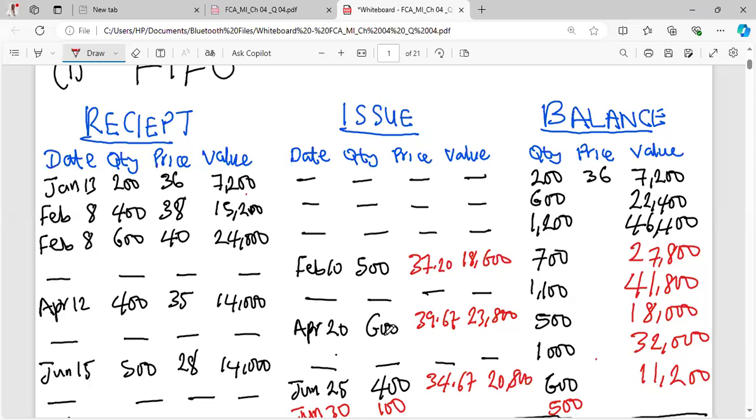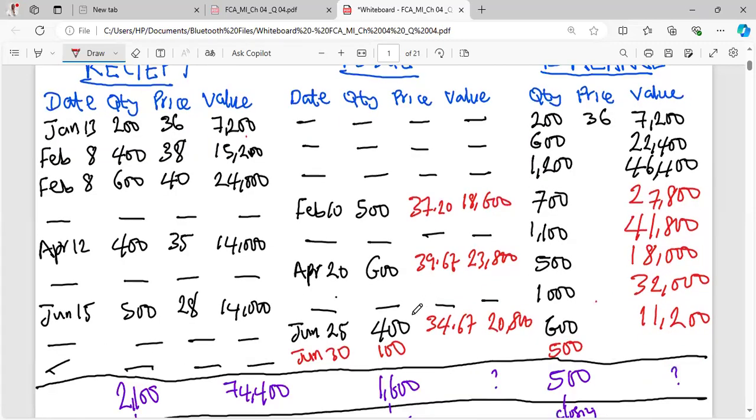When dealing with this 600, we took 100 here plus 500 here. When dealing with this 400, we took 100 here and 300 here. So 100 was remaining here.